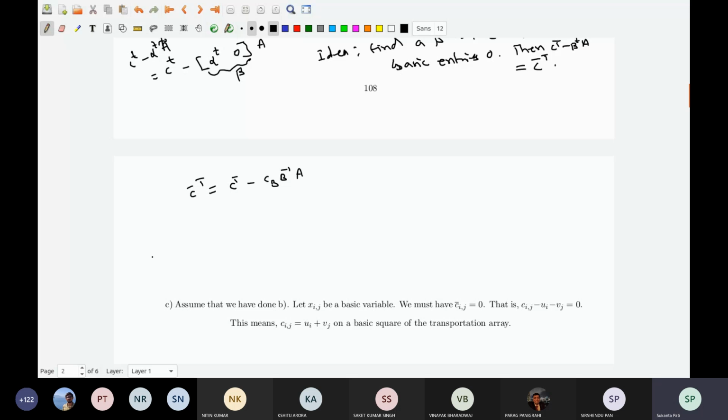So you apply that here. This is the formula given from LPP days. Now your friend comes and says, look, I have found a vector alpha, and I computed C transpose minus alpha transpose A, and whatever resulting vector this is has basic entry 0.